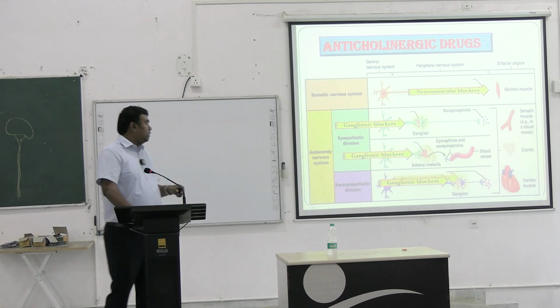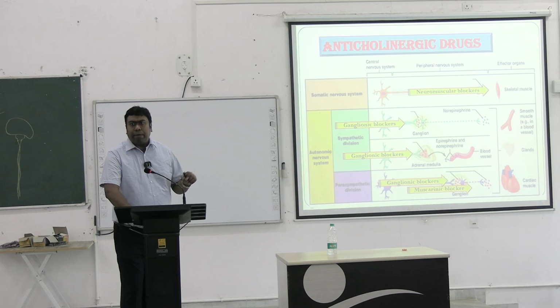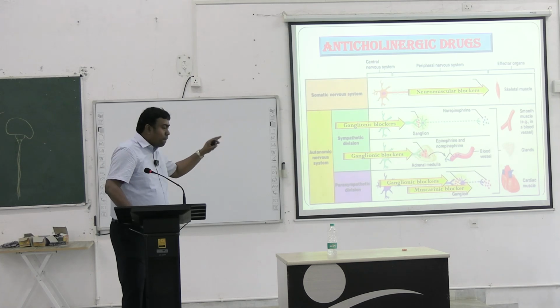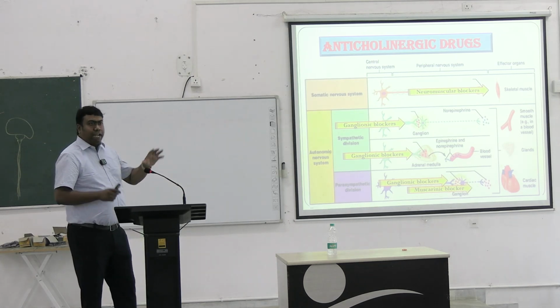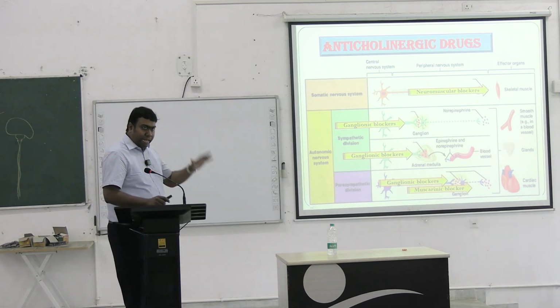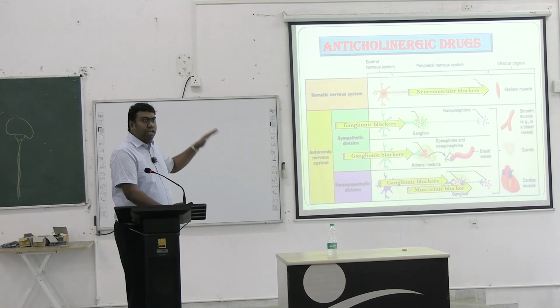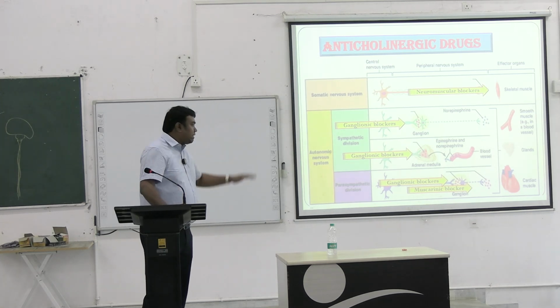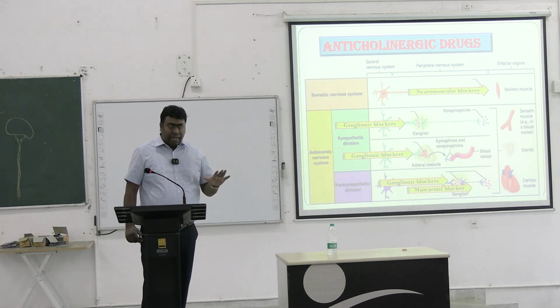And muscarinic blockers primarily block the M1, M2, M3 that are present in the peripheral organs of the cholinergic system. This is called muscarinic. So if you think about anticholinergic, receptors are NM, NN and muscarinic. Ganglionic blockers, NM blockers, that means skeletal muscle relaxants, as well as antimuscarinics are all under anticholinergic drugs.